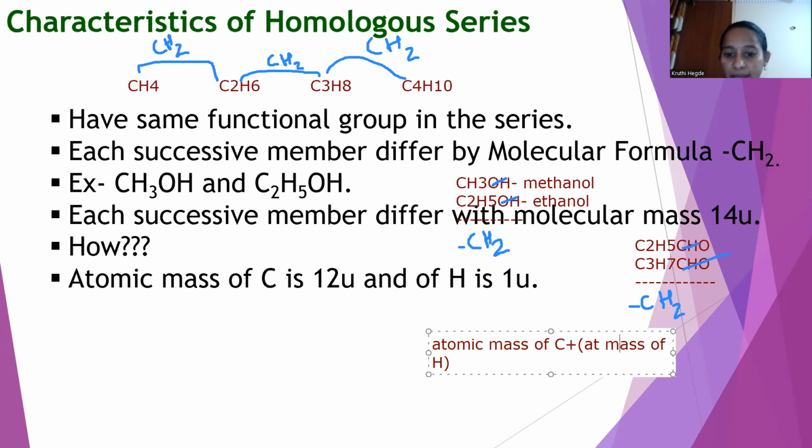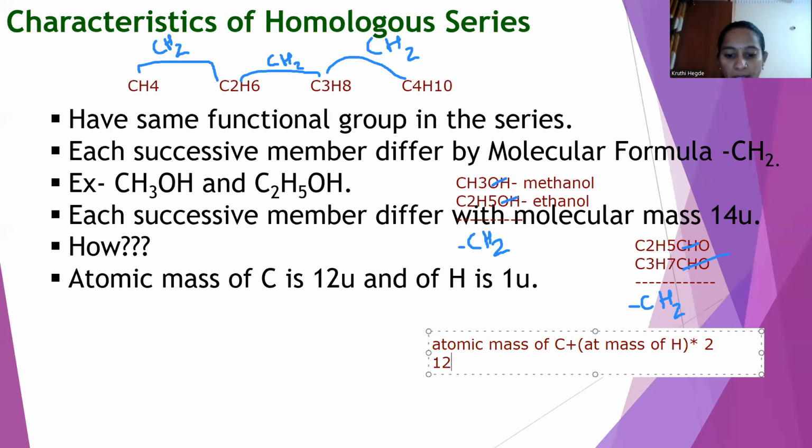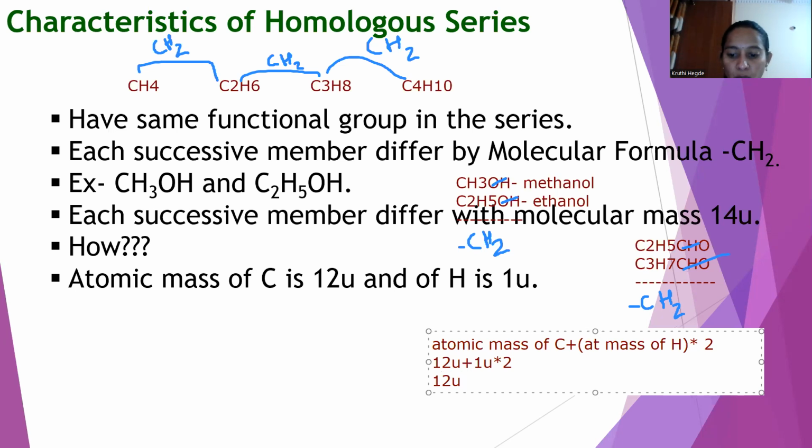So that equals 12U plus 1U into 2, which is 12U plus 2U, equal to 14U. Hope you got it.